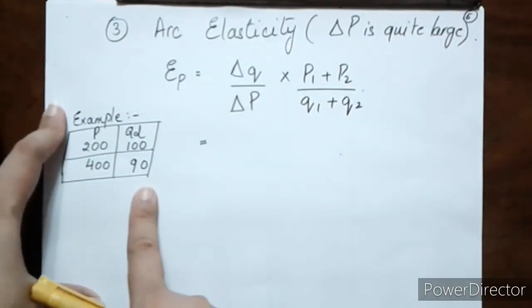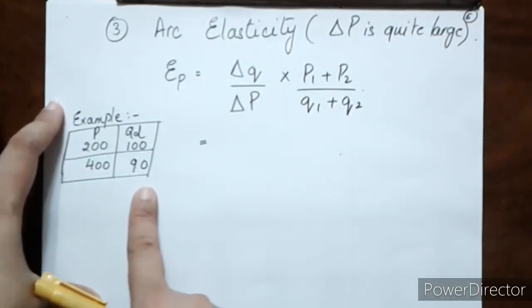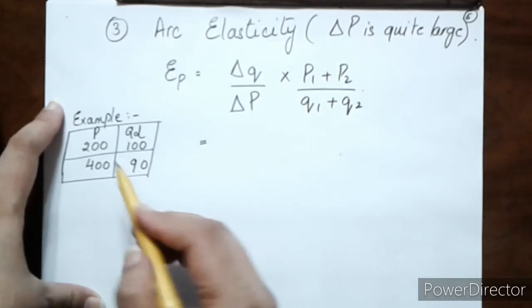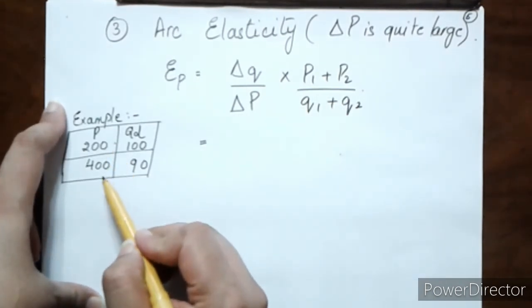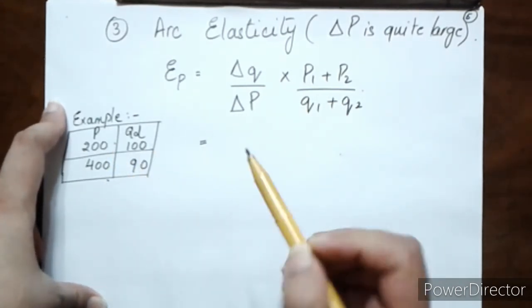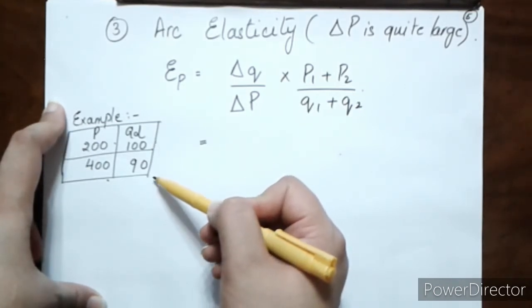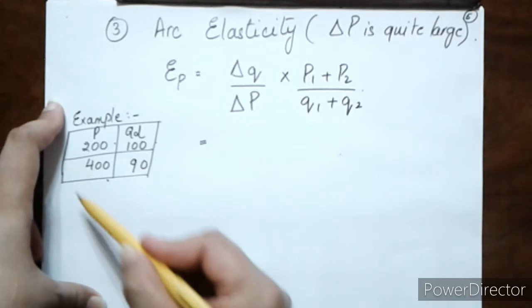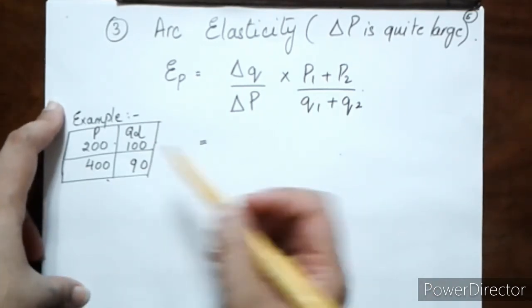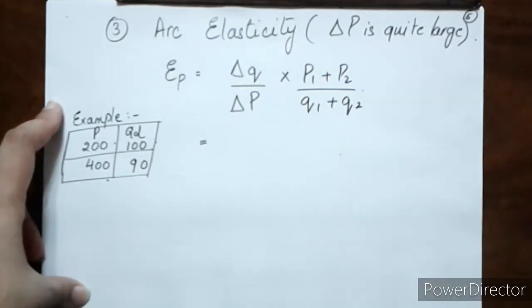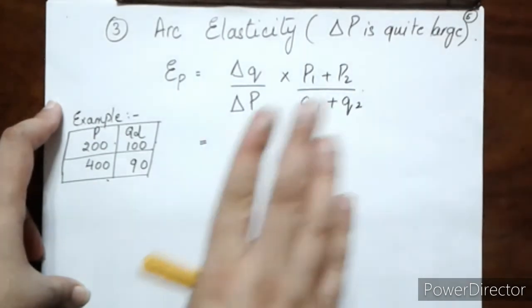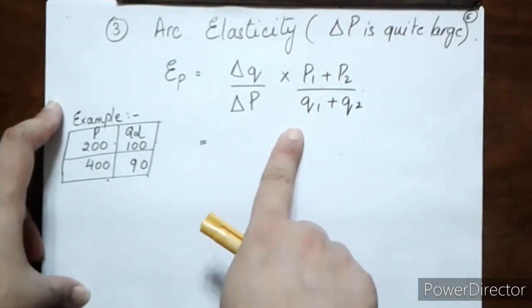So I have taken some hypothetical example here. The price of something was rupees 200, it doubled, it became 400. Quantity demanded initially was 100, now it became 90. Let's put all these values in this formula. We can see that the price change is quite large, so we can very confidently use this method.